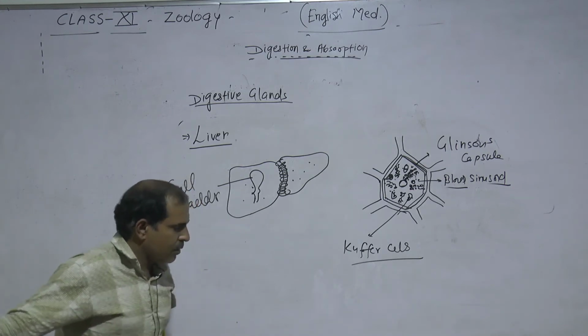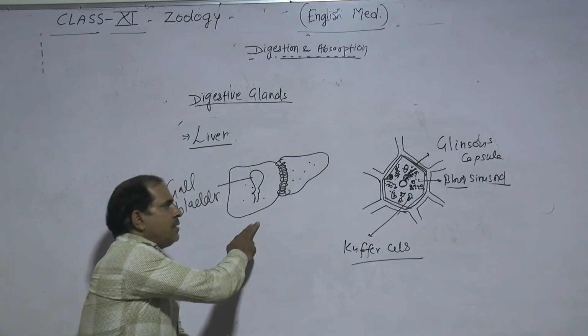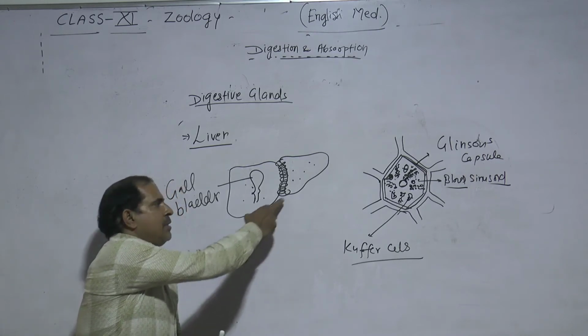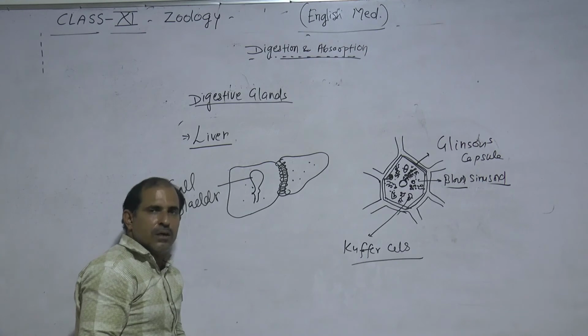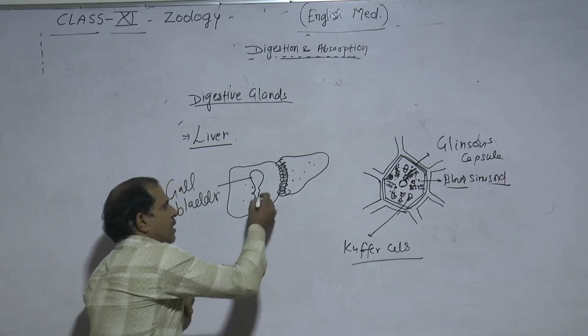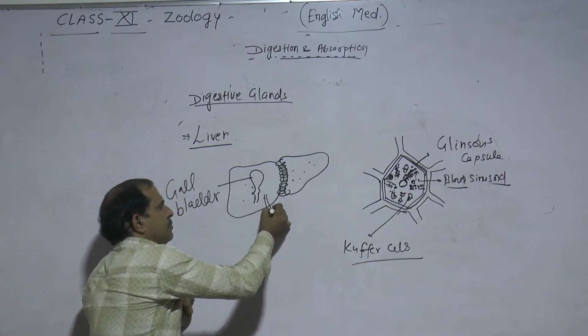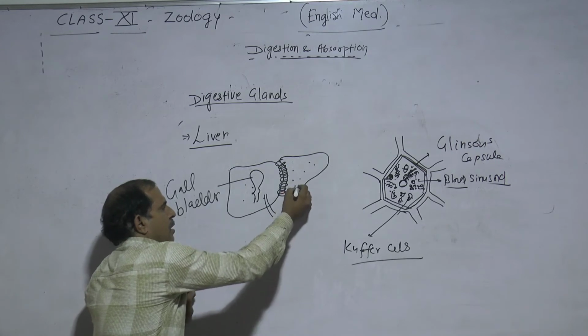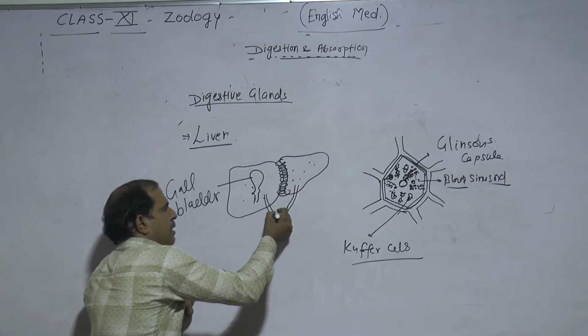Then this is right hepatic lobe, and this is left hepatic lobe. From each hepatic lobe, hepatic ducts are released.